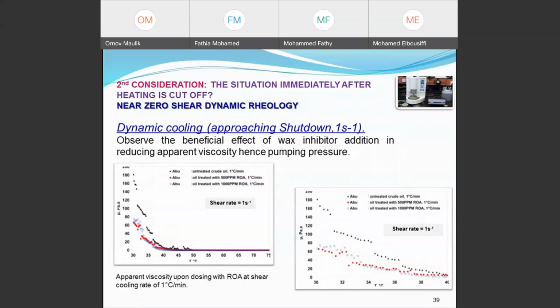The second consideration was immediately after heating is cut off. Here the shear rate is 1 reciprocal second, and we can also see the beneficial effect in reducing the apparent viscosity. In this figure, zooming in on the right side, you can see the viscosity reduction from 180 Pascal second to 74.